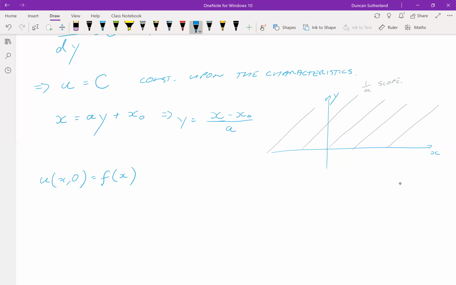So because it's constant along the characteristics, u of x, y equals u of x naught on the characteristics, which equals f of x naught. We really wind this function right back to the starting point of the characteristics.